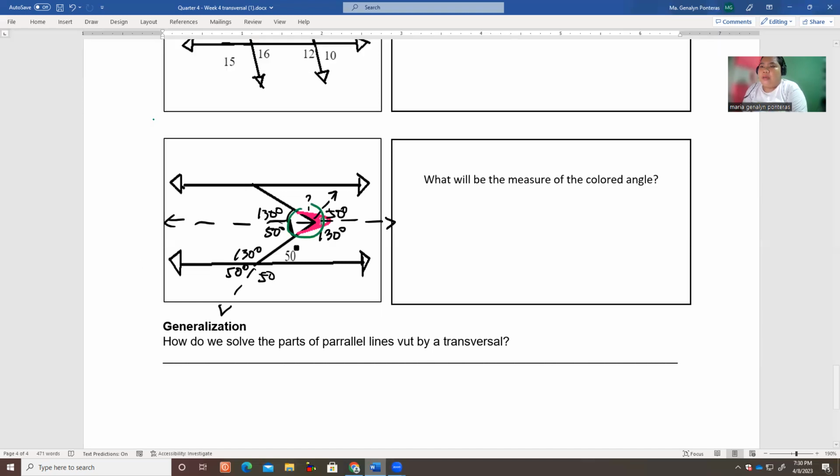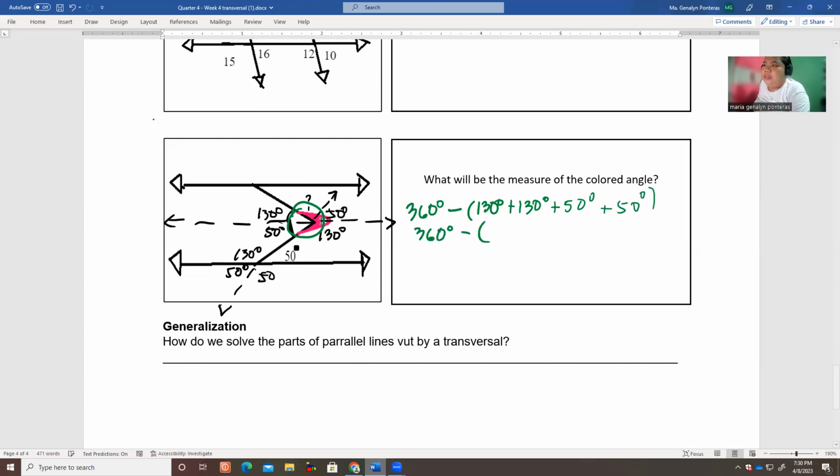We're going to get the angle for this one, that is 360 degrees. If you get the sum, that's 360, you form a circle. So 360 minus 130, we have 250 degrees.